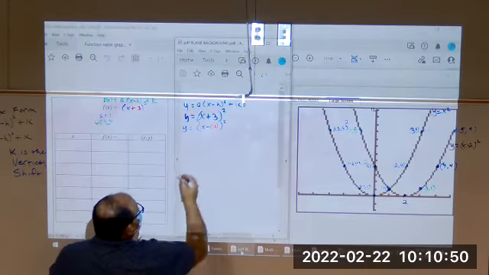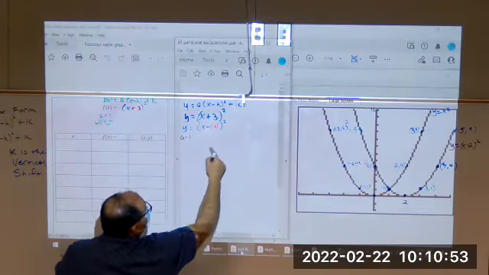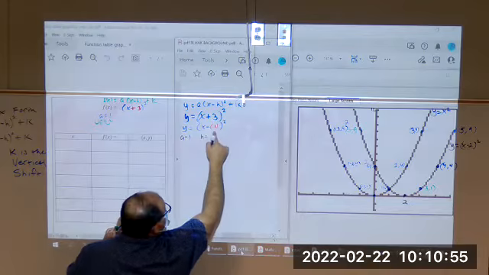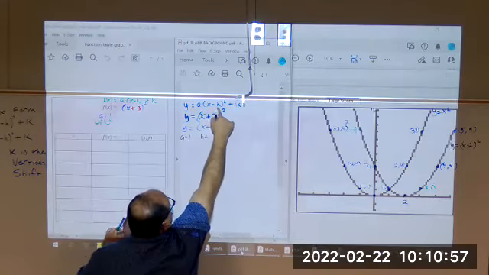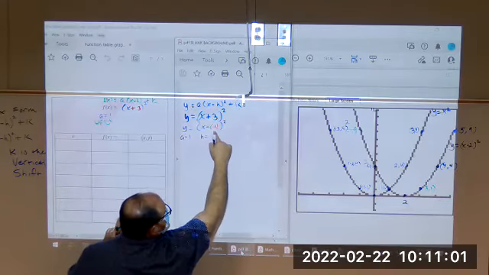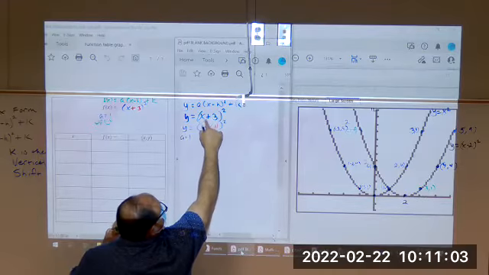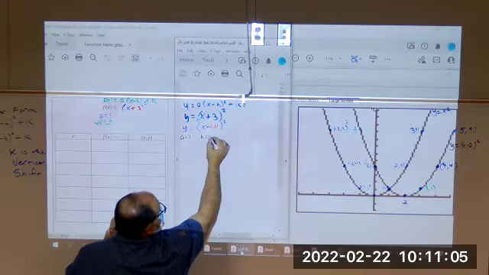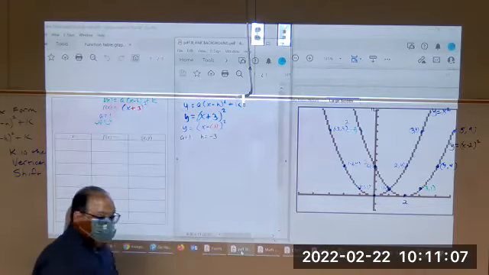A is a positive 1. And the h that's inside here, x minus h: what are we subtracting? We're subtracting a negative 3. And that's how we get x plus 3 in the parentheses. H is a negative 3.